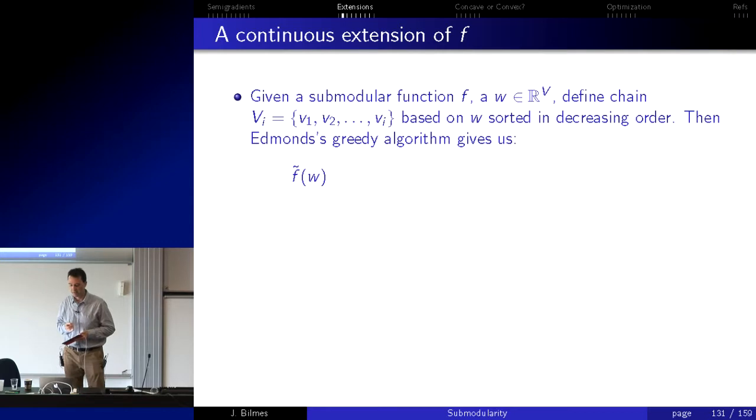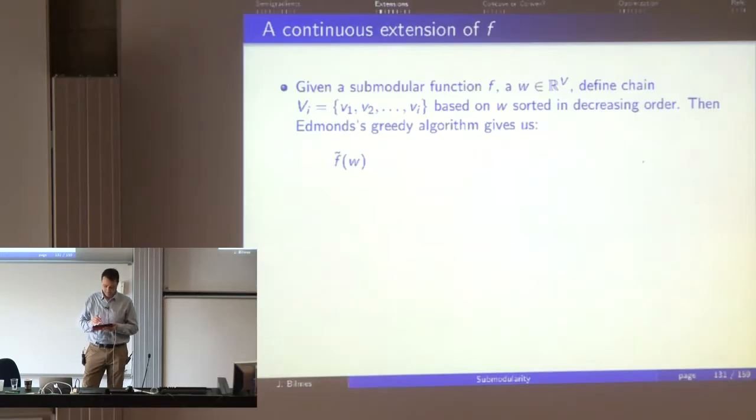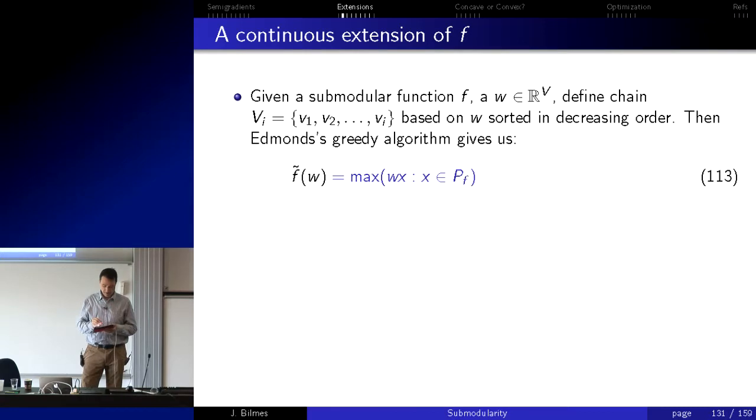So here's what we've got. We've got a submodular function f and a vector w, and we define a chain, the same thing where we sort w in decreasing order, and then we choose that particular order. We define f̂(w) based on the following operation. First of all, it's equal to this linear programming problem, which we said is solvable by the greedy procedure.